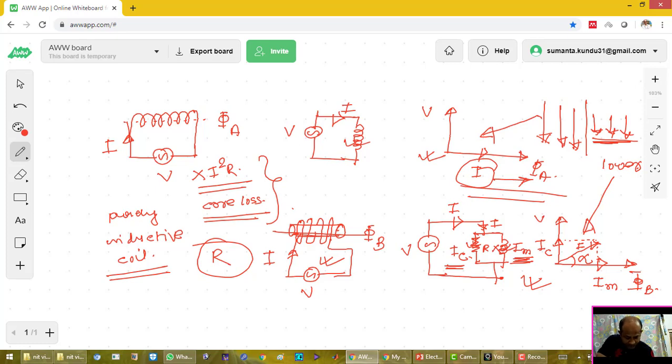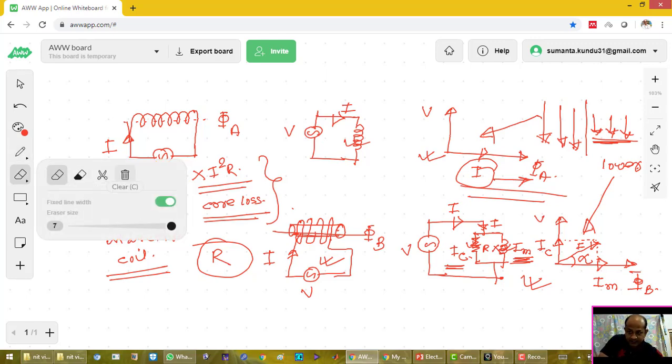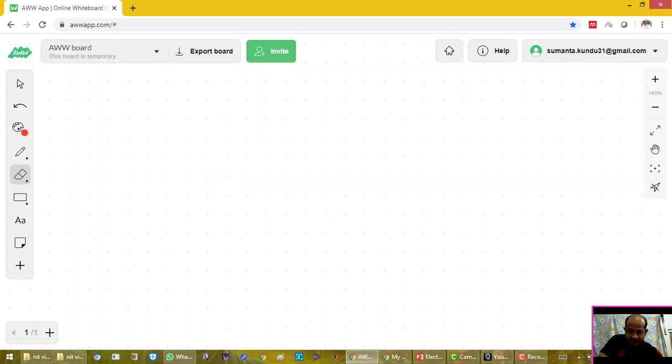So now we have seen that there are two fluxes for the same current. This is my current I, this is my phi A, and this is my phi B, and the angle between them is beta.